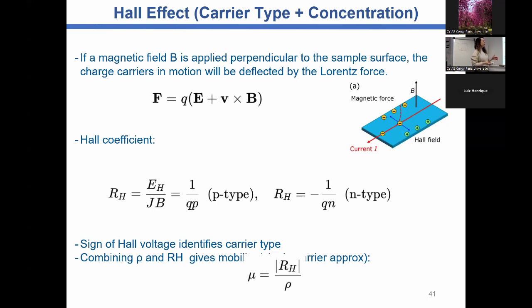If we have more negative electrons in your material, for instance an N-type semiconductor, it means we have more free electrons than holes.